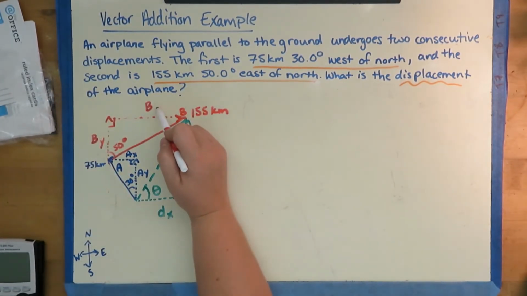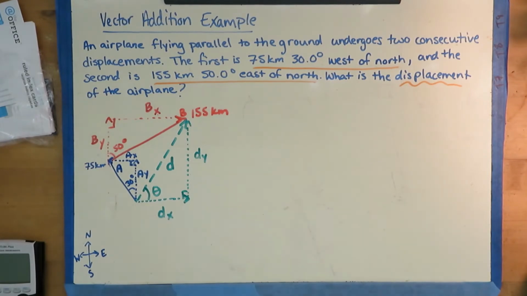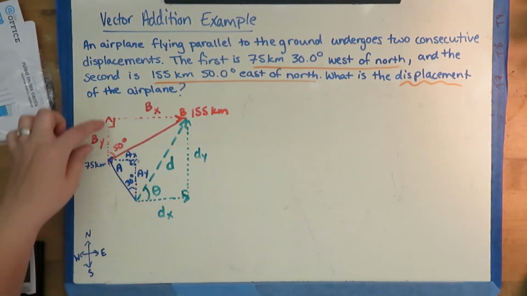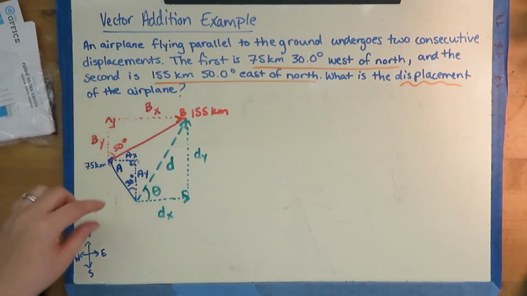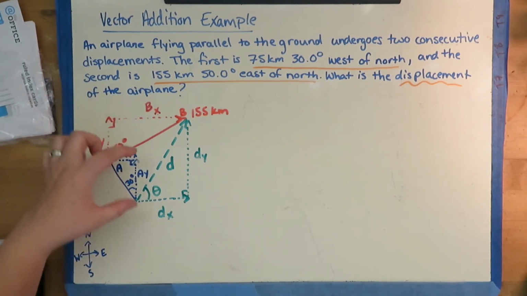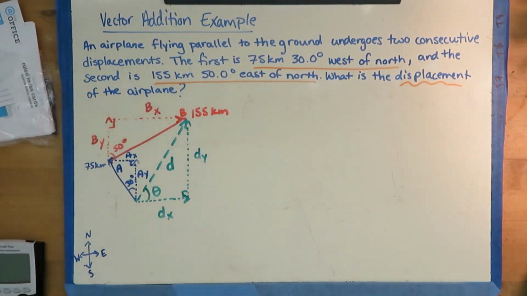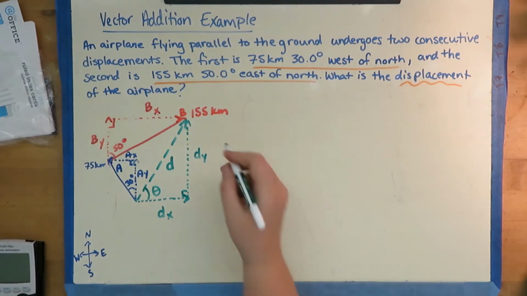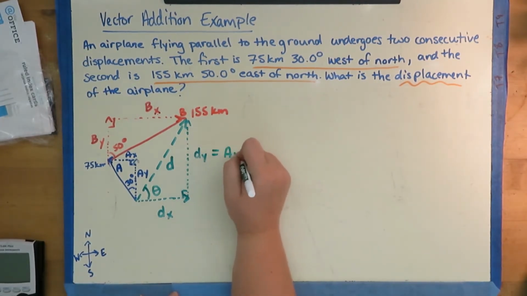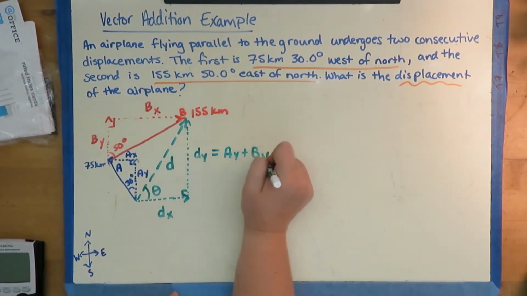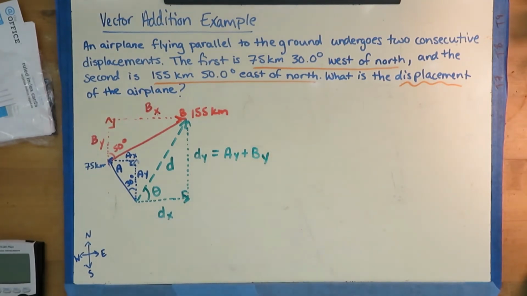BY and BX. So both AY and BY are upwards. And if I were to take AY and BY and stack them on top of each other, that's what dy equals. dy is going to equal AY plus BY. So if I can find AY and BY, I can find dy.